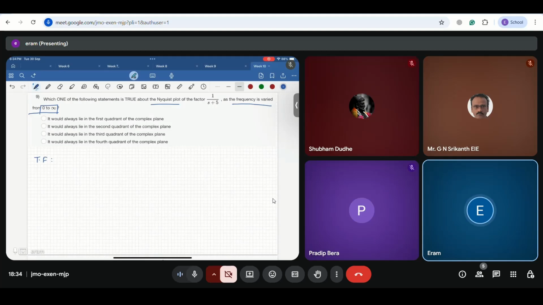The transfer function is given as 1 by s plus 5. How can we guess the quadrant? First, there are some basic blocks for which you can remember the polar plot.